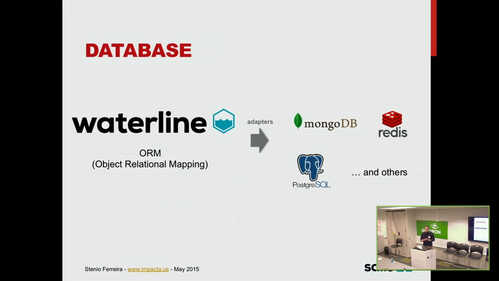Instead, you're dealing with JavaScript objects. So a table is an object or a model, and the columns of the table are going to be the properties of that model. Waterline is agnostic to the database you're going to have under it. It can be Mongo, Postgres, MySQL, Redis, and others.